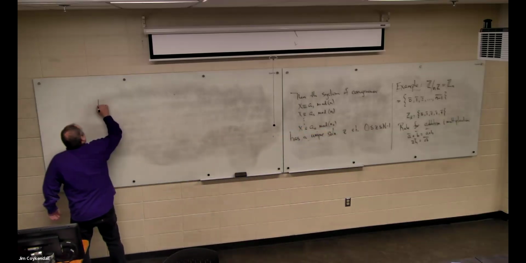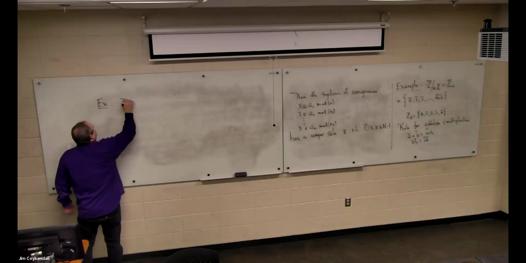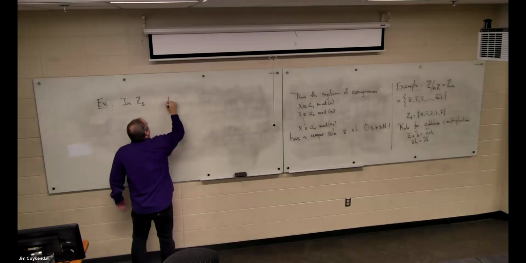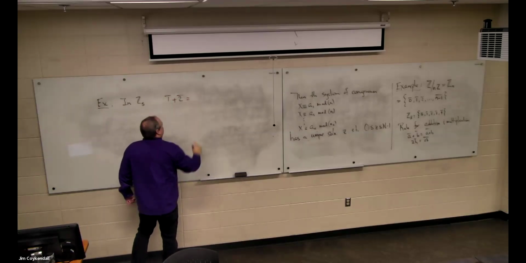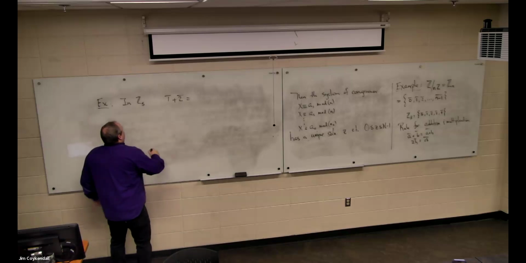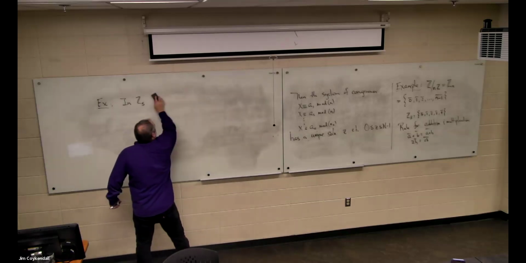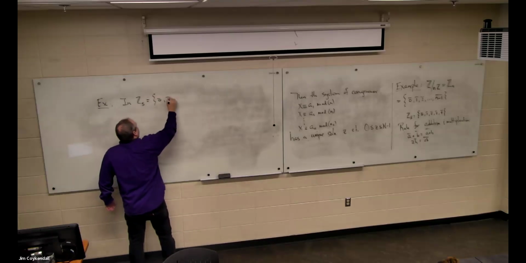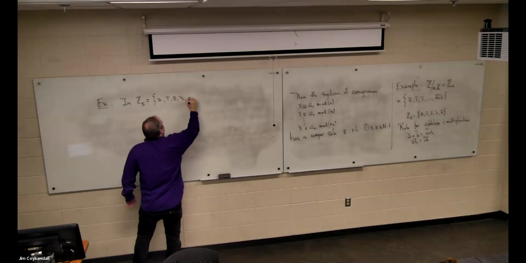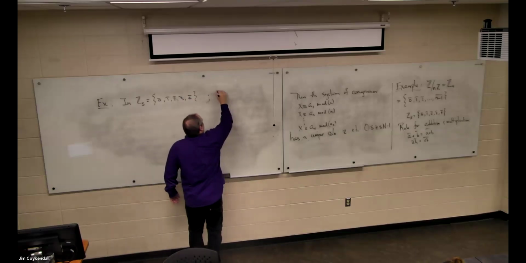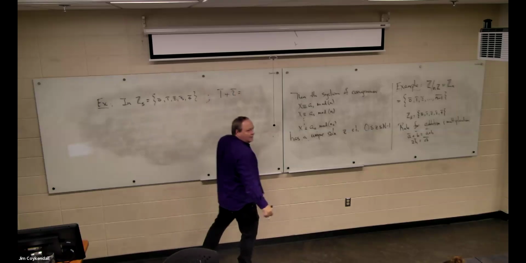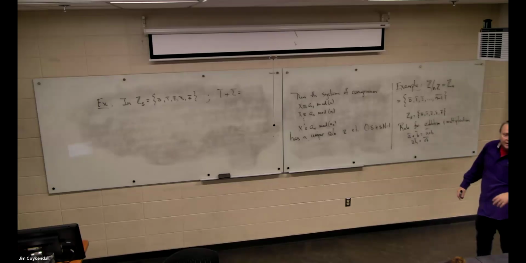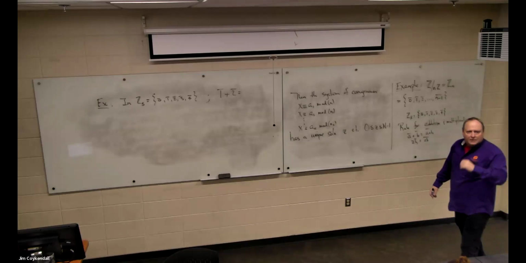So in the example, what would 1 bar plus 2 bar be in Z5? Well, 3 bar, right?